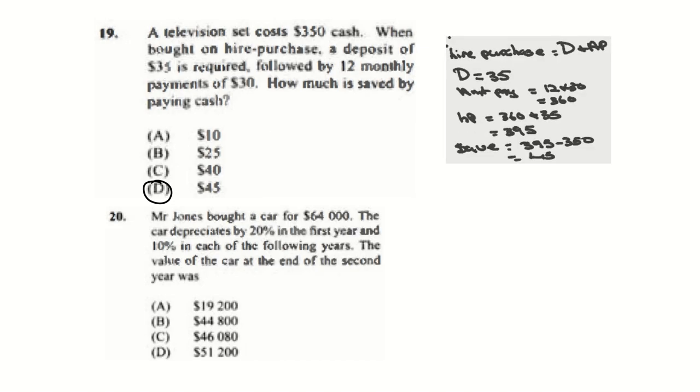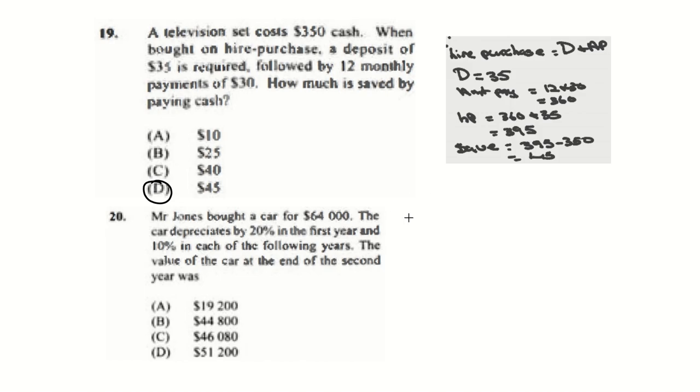Right? Then this one, Mrs. Jones bought a car for 64,000. The car depreciates by 20% in the first year and then 10% each of the following years. What is the value of the car at the end of the second year?